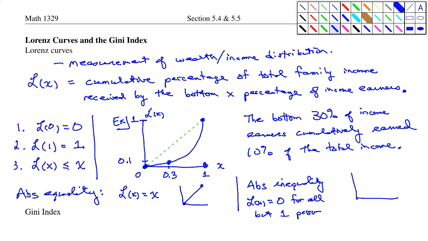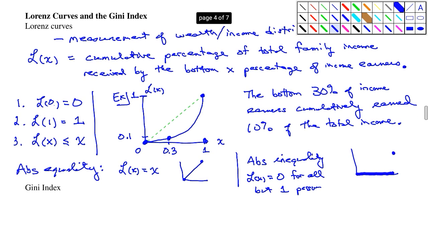So this graph would be, it's all 0, and then boom, right there at the end, one person owns everything. Sort of a dictatorship type scenario, right? Where all the lay people, they own nothing, and then the king or whatever owns everything. That's your Lorenz curve.